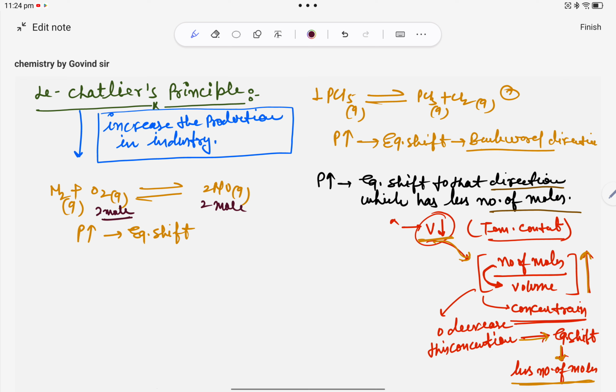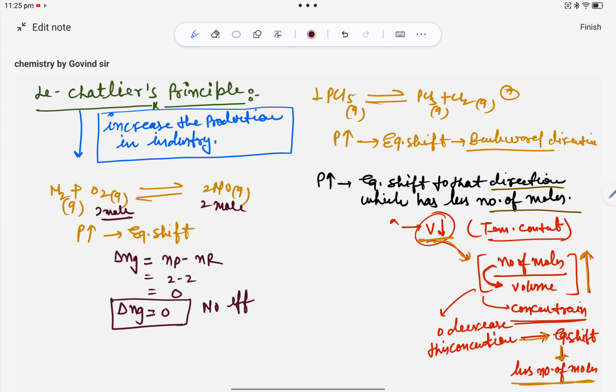In that condition you have to find delta Ng, where g is for gas, since we are talking only about gaseous moles. So moles of product minus moles of reactant: 2 minus 2, which is 0. If delta Ng, the change in gaseous moles, is 0, then there is no effect of pressure. Keep that in mind. This is for gaseous systems only.